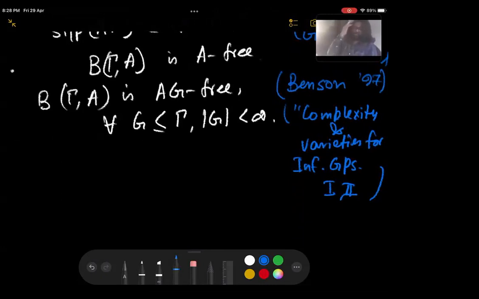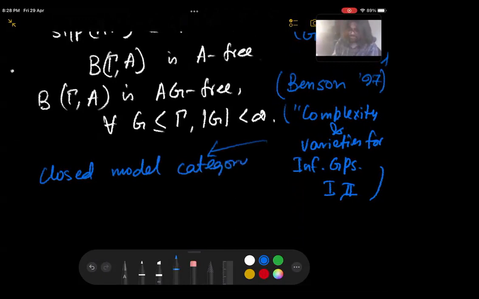So the reason why it was interesting to him was that Benson was putting a closed model category structure on, say, the module category of A gamma. So I don't think I need any conditions on A gamma yet.